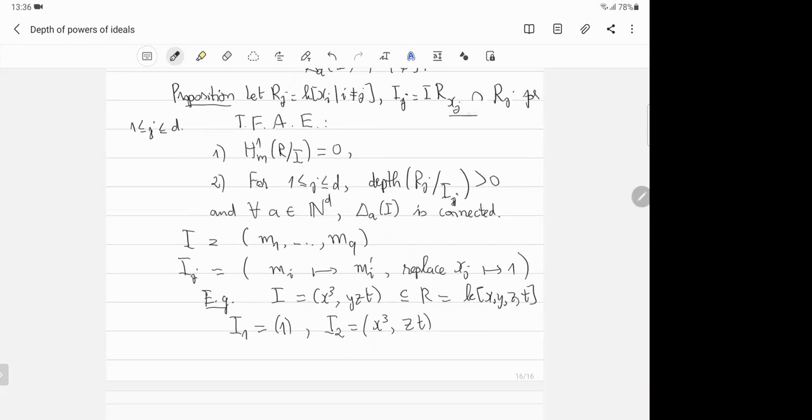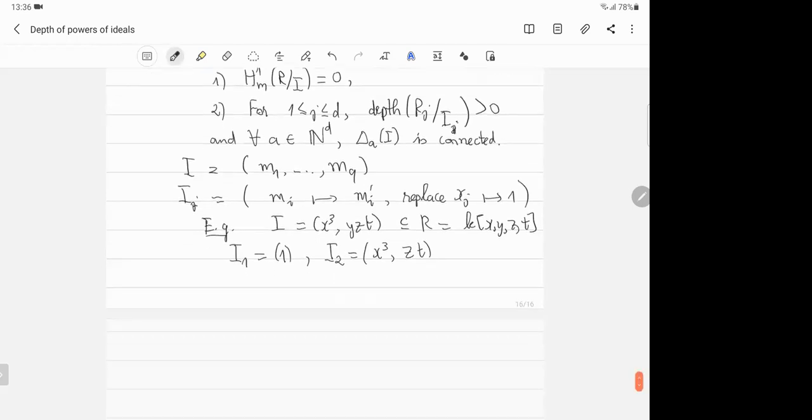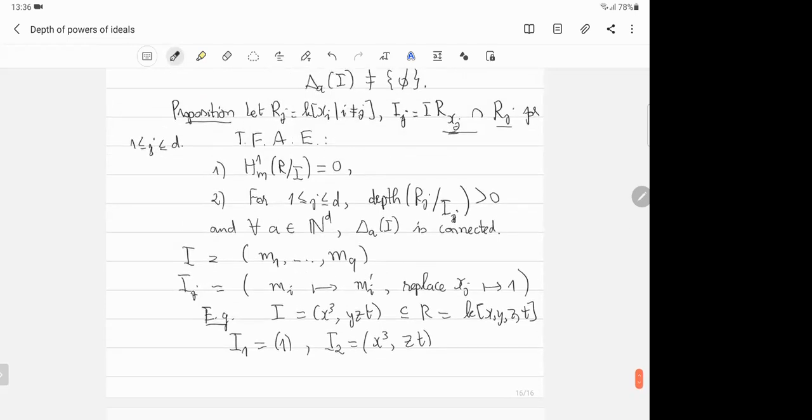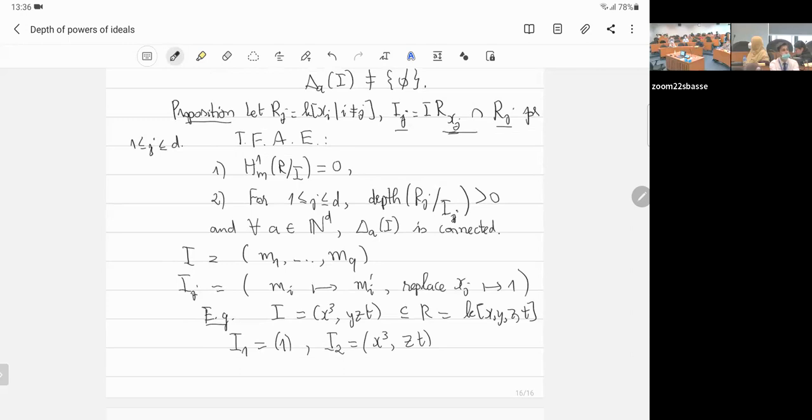You can think of this as the ideal obtained by inverting x_j, but then you stay in the polynomial ring. You don't stay in the localized polynomial ring, you just stay in the smaller polynomial ring. And you get this monomial. This example helps, thank you. You're welcome.